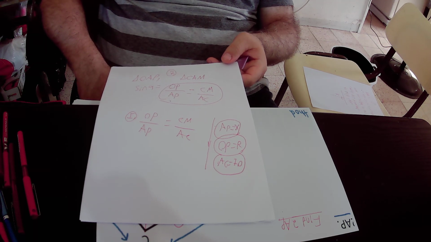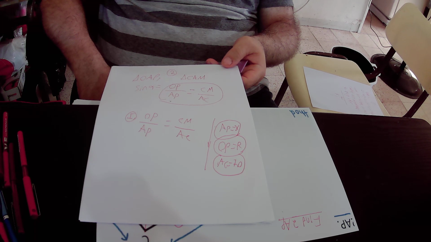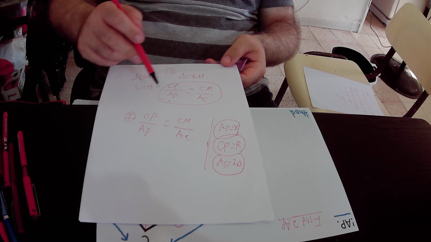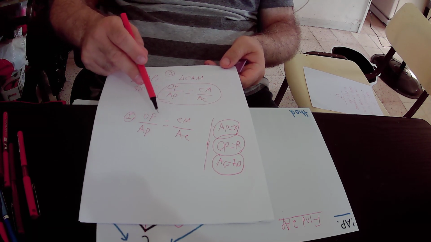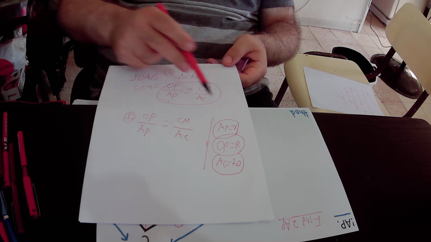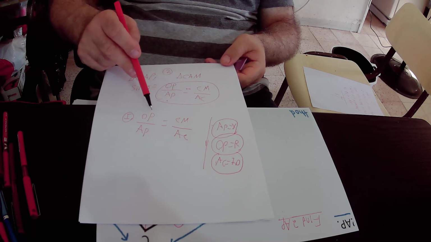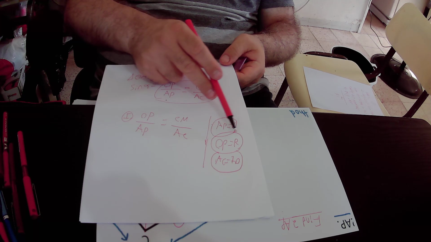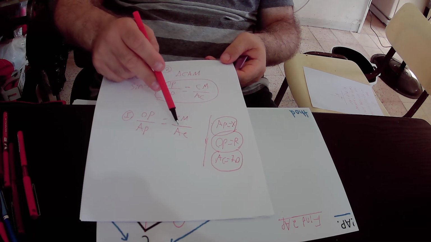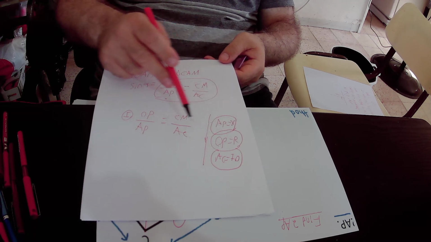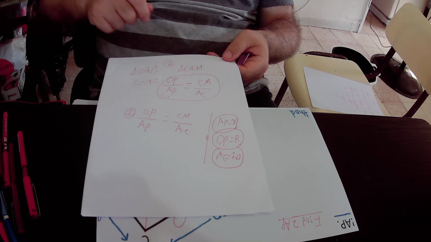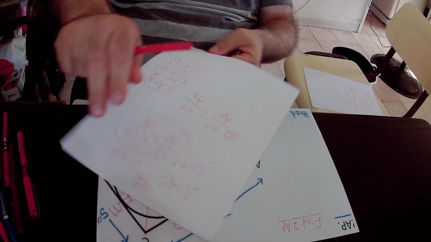So in the first equation we can substitute AP by X because AP equals X. We can substitute OP by R, and we can substitute AC by 70 units. So we'll do it now.